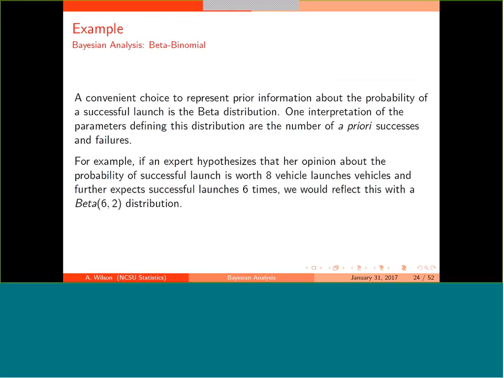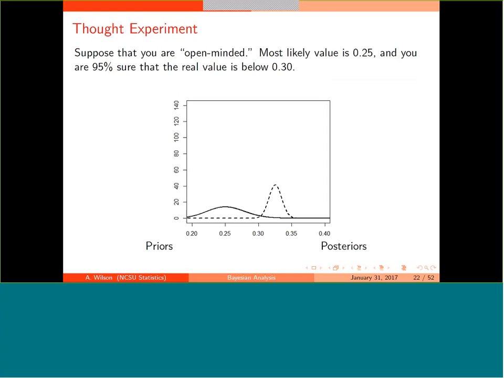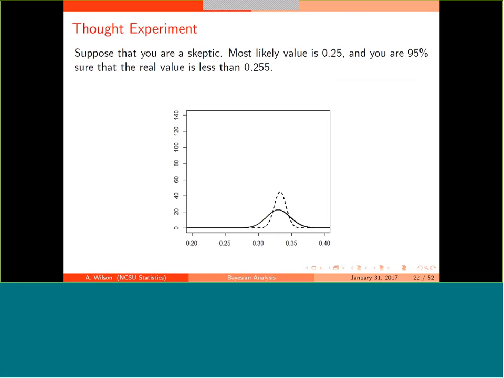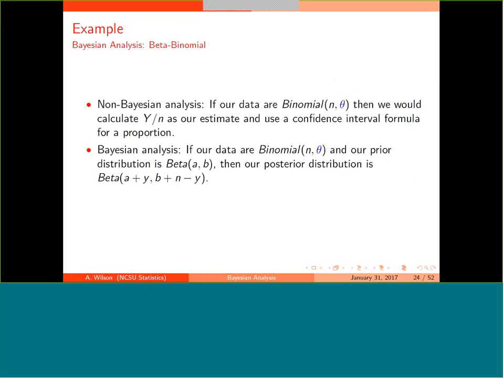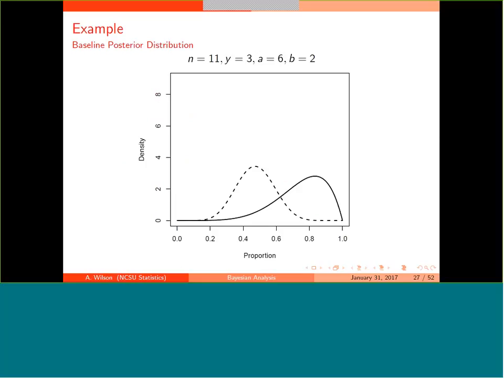And then we actually have to specify a prior distribution, so a prior distribution on what we think that value is. I've written out a little bit of the mathematics for those of you who are interested, but I think what I'll do is show you a few pictures that give an illustration of what this might look like if we did this analysis. Again, I'm going to emphasize that I'm doing this just for illustration, to give you an idea of some of the features of how these analyses work.